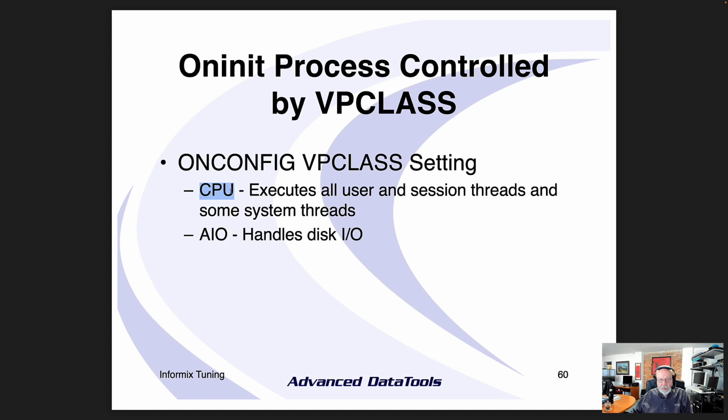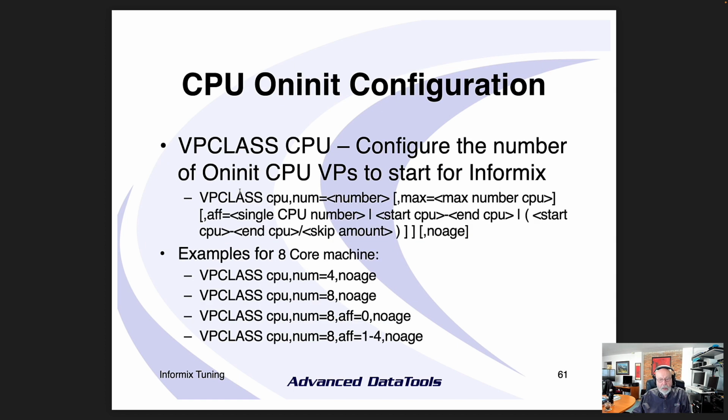Let's talk about the CPU ones, because these do the work. And you set them with the VPCLASS cpu in your onconfig. The key is you say VPCLASS cpu, num equals, and then noage tells the operating system not to age it.